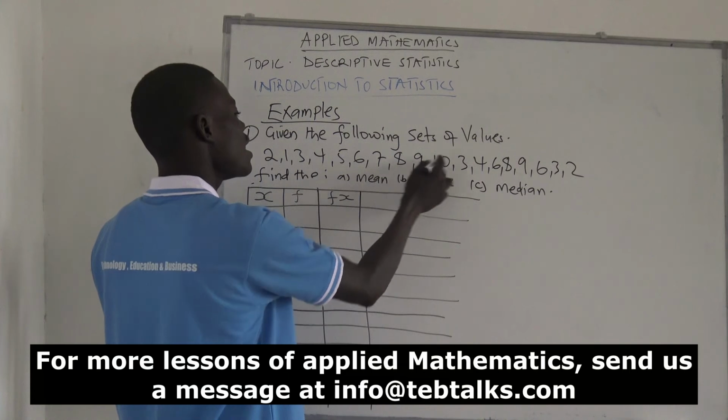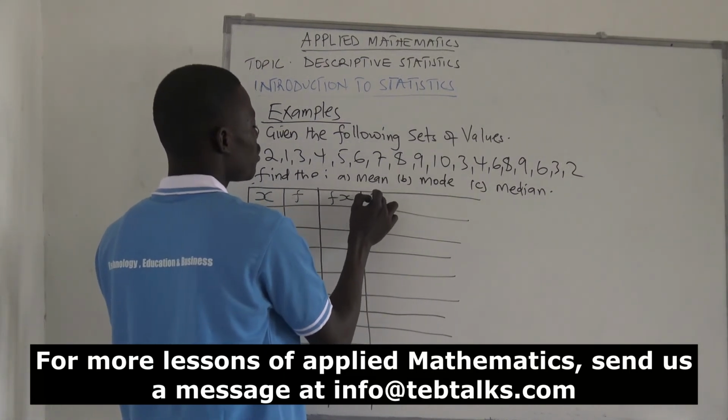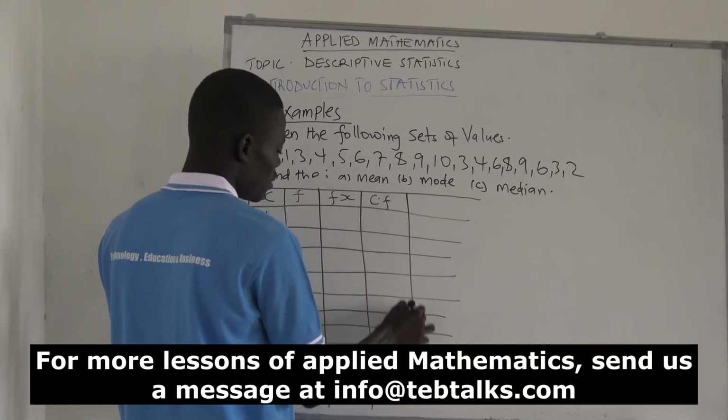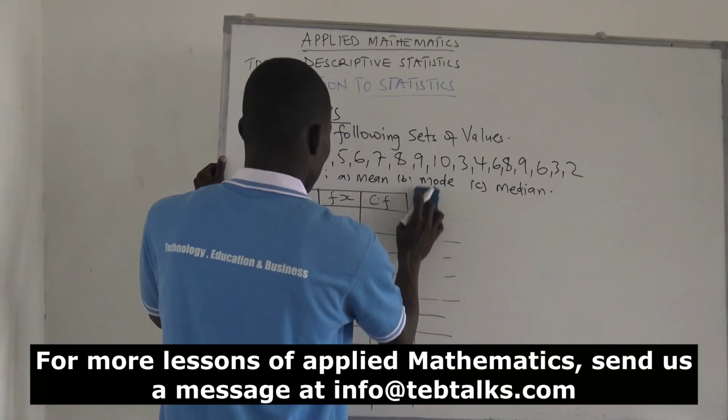And then since they want the median, which is for cumulative frequency, we shall include what we are calling cumulative frequency. That's why our table stops.